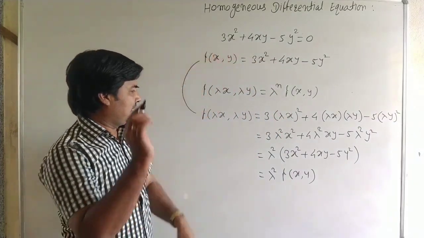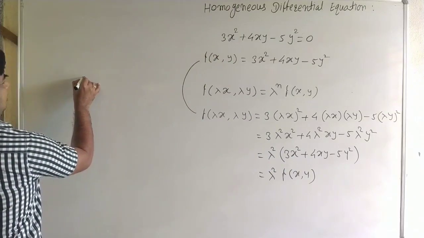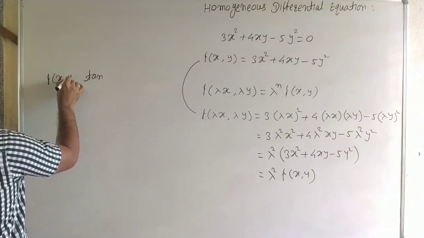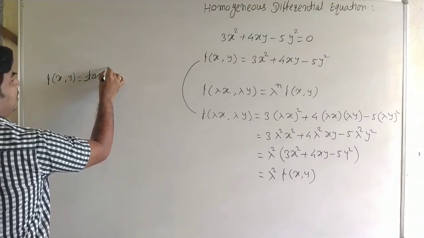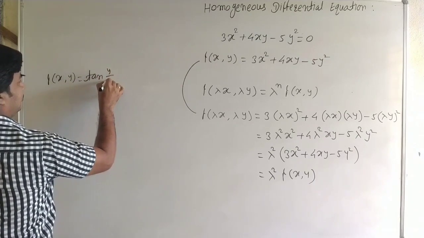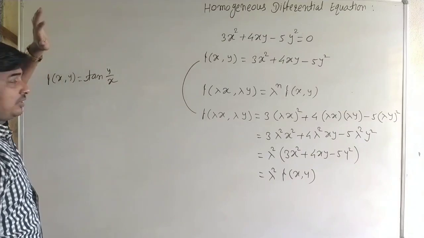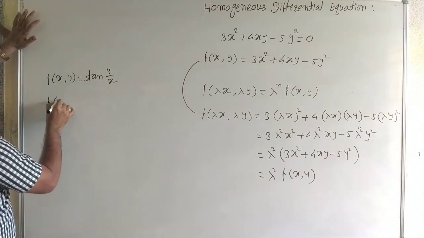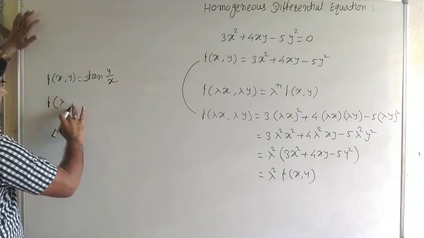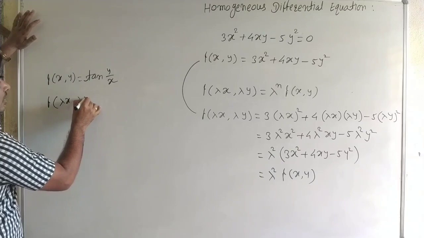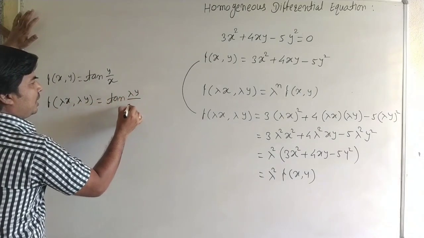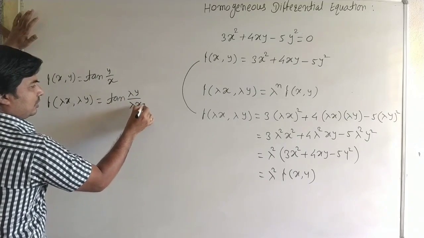Now, if f of x comma y is equal to tan of y by x or x by y, it is also a homogeneous function. See carefully. When we replace x by lambda x and y by lambda y, we get tan of lambda y upon lambda x.